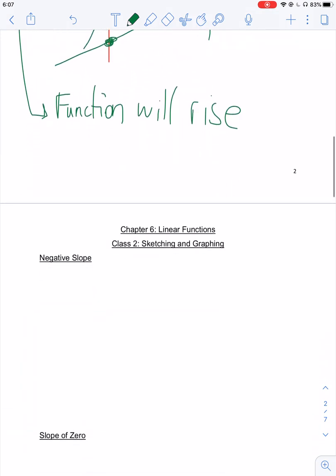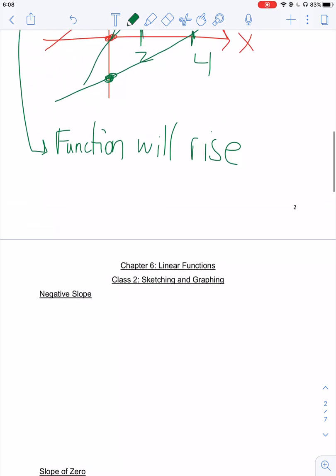Some of you probably already guessed: when your slope is negative, that means your m is less than 0, your function will fall. Or not rise, however you want to call it. The word they use is decrease, but I'm not going to get into that.